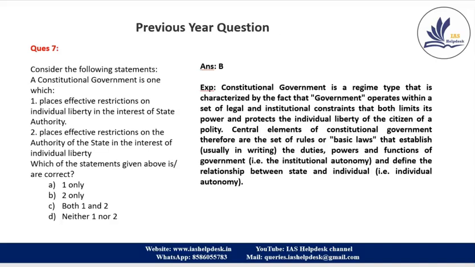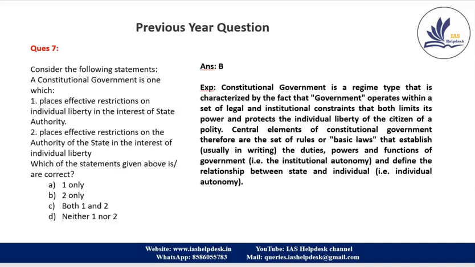यानी कि गवर्नमेंट के लिए कॉन्स्टिट्यूशन लाया ही इसलिए गया है, इनफैक्ट सबके लिए कॉन्स्टिट्यूशन लाया ही इसलिए गया है ताकि वो एक तरह का लीगल प्रोविजन सेट कर सके, एक इंस्टीट्यूशनल कंस्ट्रेंट सेट कर सके, लिमिट्स और पावर्स डिजाइन कर सके इंडिविजुअल लिबर्टी के लिए.